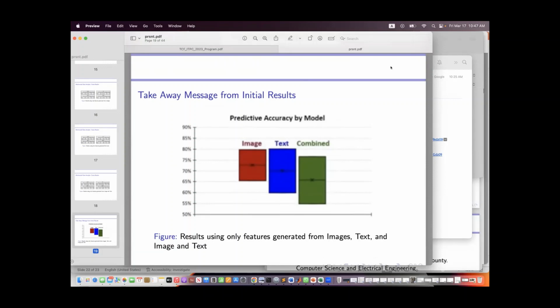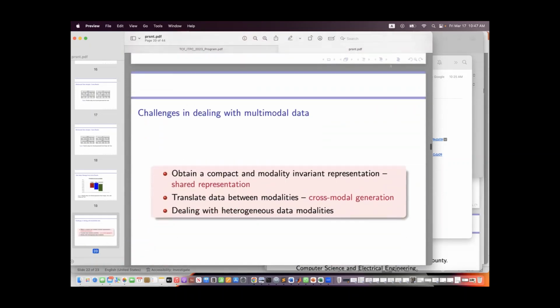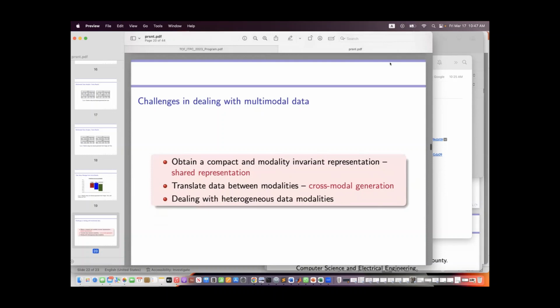So then we went about and said, well, what can we do to actually make use of the various different modalities that we collect, and then try and build our search engines on that? And so challenges with dealing with multimodal data is that, first of all, we have to obtain a shared representation of the data. And what does that mean?